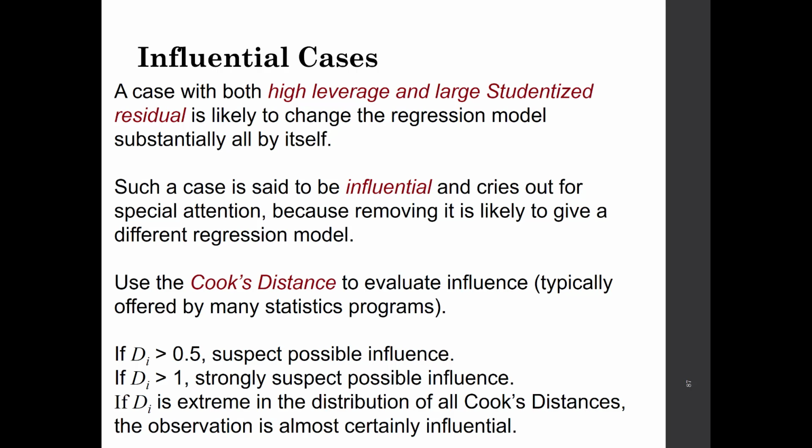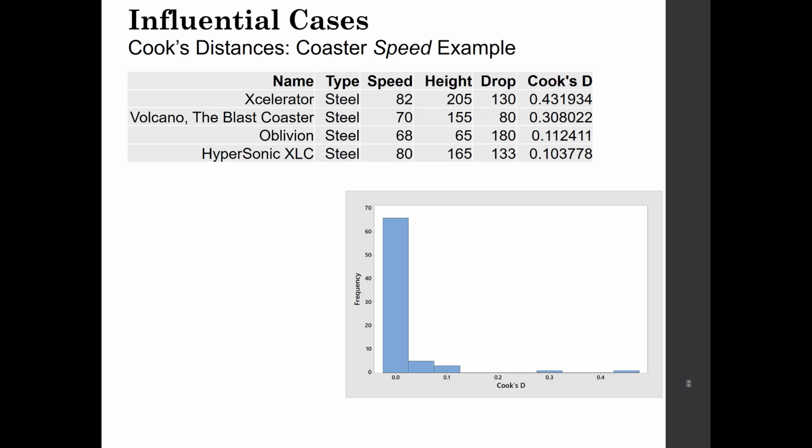But if you look at a histogram of the Cook's distances and you see that it's extreme compared to the rest of the distribution, then you can conclude that your observation is almost certainly influential. So I got the Cook's distances when I ran this regression in that program called Minitab, and I have included a table with the top 4 Cook's distances at the top of your screen.